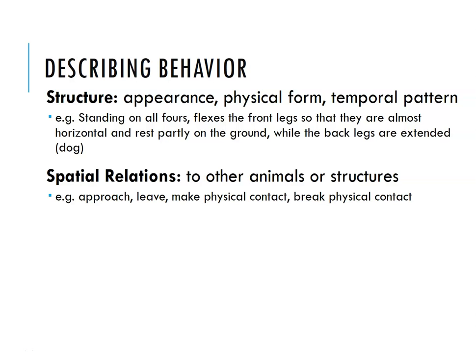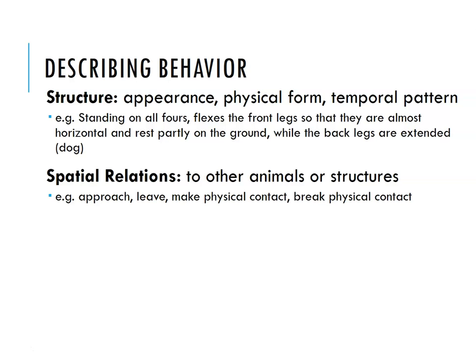We also want to include in our description of behavior the spatial relations, how our organism that is performing this behavior is in relation to other animals or to other structures. So are they approaching something? Are they leaving something? Are they making physical contact with someone or something?